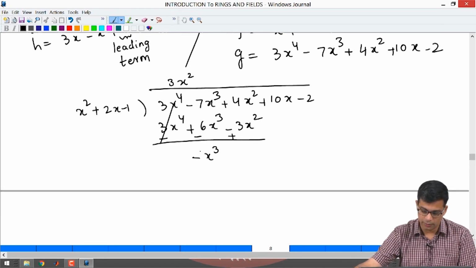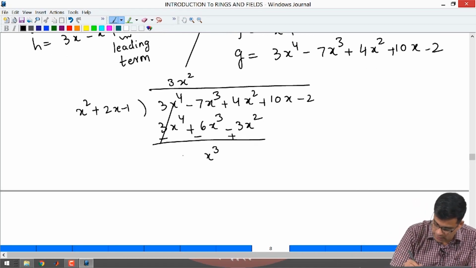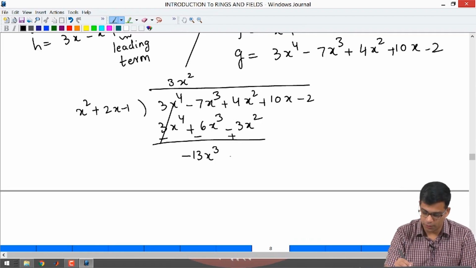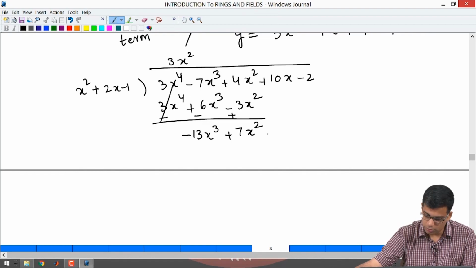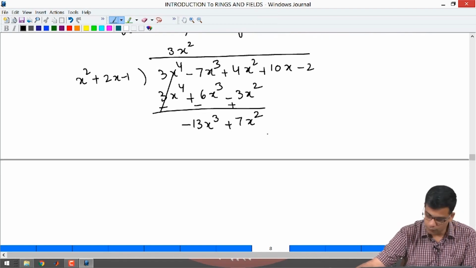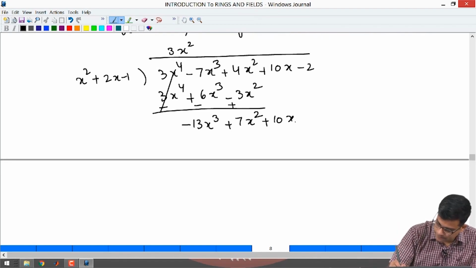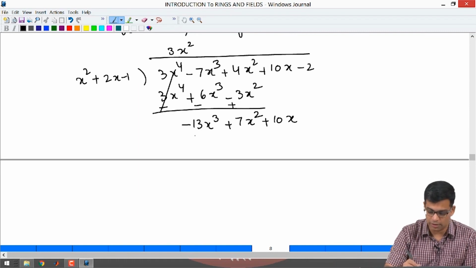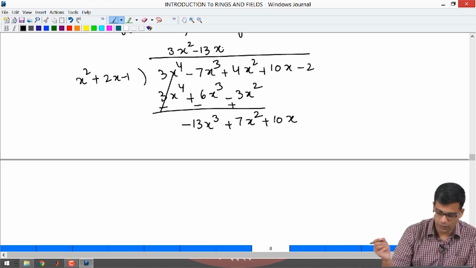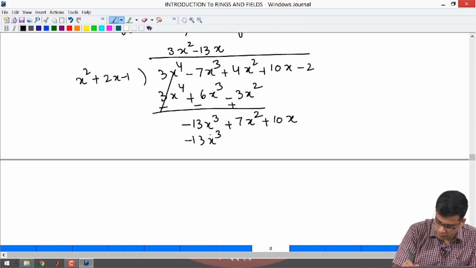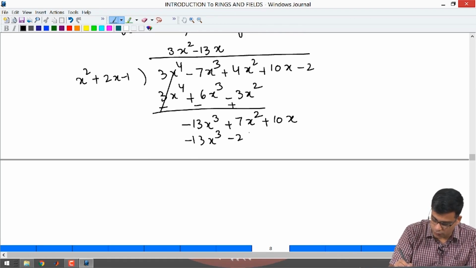So, minus 7 minus 6 is minus 13x cubed, and you have 7x squared, and you can also bring down 10x. Next you want to cancel minus 13x cubed. So, you get minus 13x here. That is minus 13x cubed minus 26x squared plus 13x.